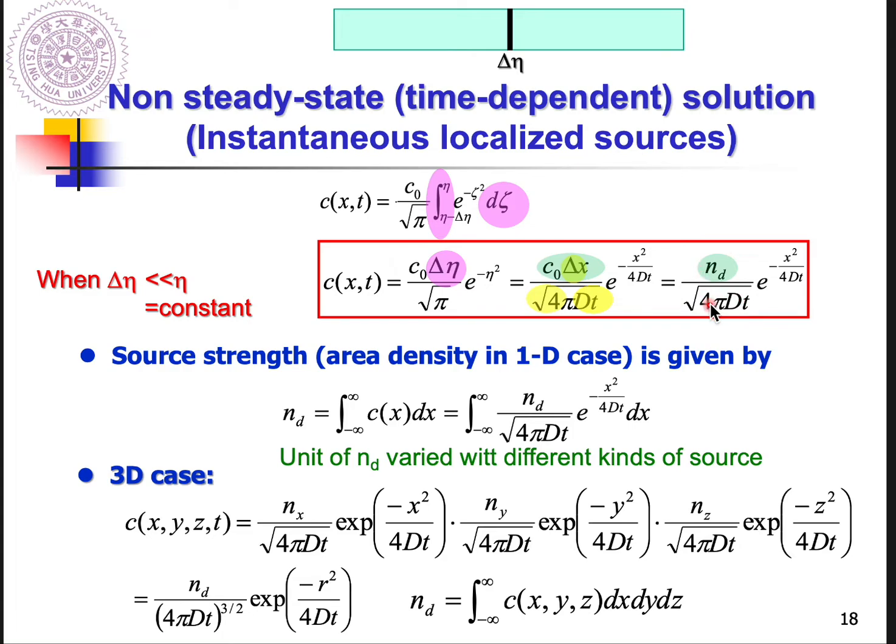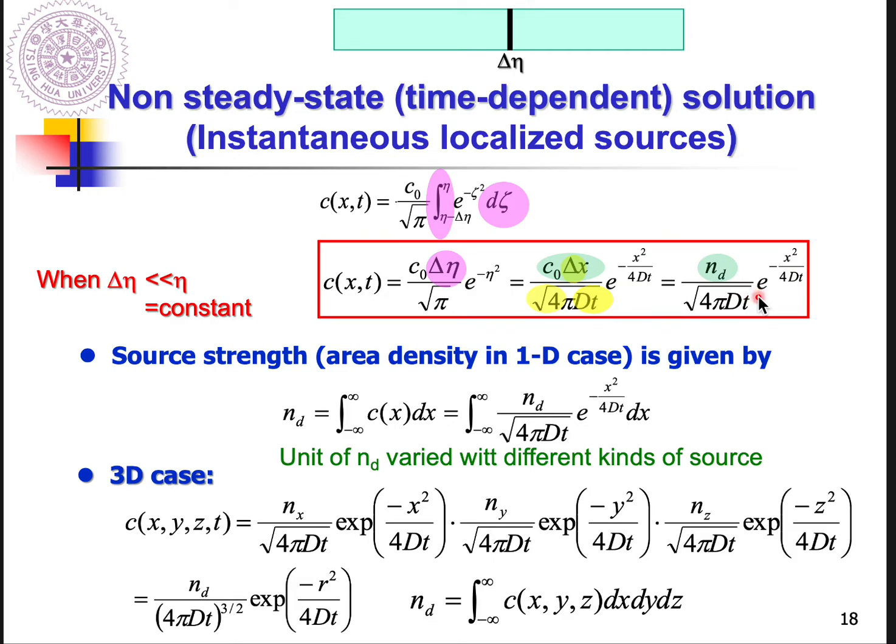And if it is not a one-dimensional case, it's a three-dimensional case. Then for the three-dimensional case, the solution should be expressed as x times y axis times z axis. So you can get these results. And the difference here is in the bottom region.